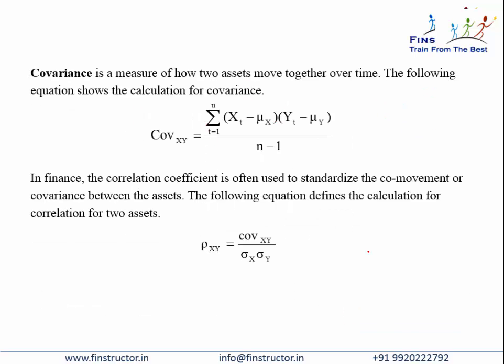Covariance is nothing but the product of the deviations averaged, and correlation is nothing but the covariance between the two assets divided by the standard deviation of X into the standard deviation of Y. So this was our historical calculation of correlation over a given period between two assets. This is how we can calculate the correlation.